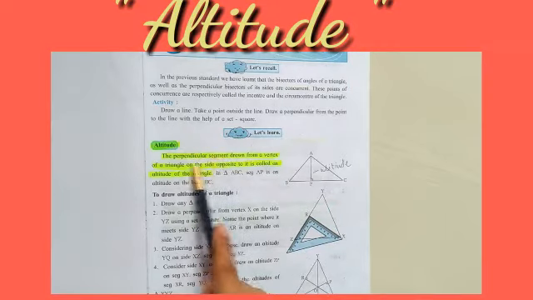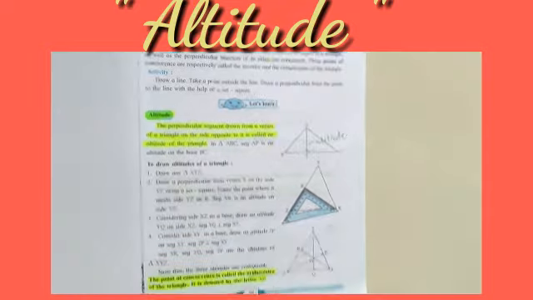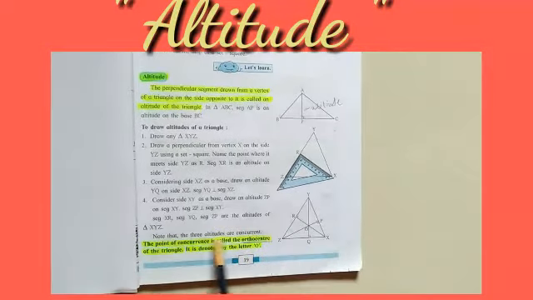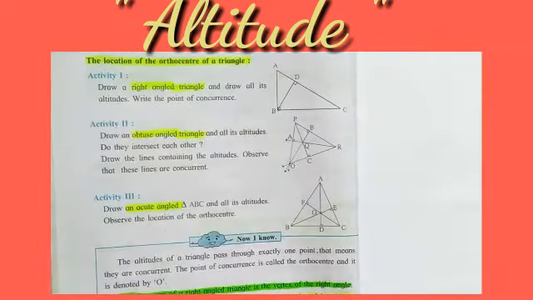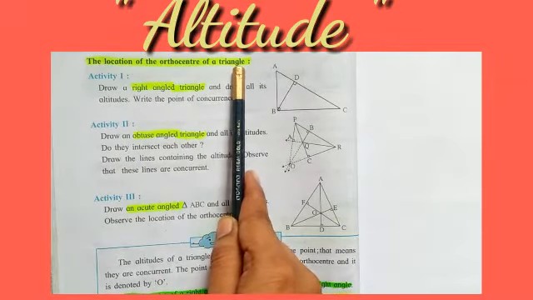Write down its definition just below the diagram. After that, you have to draw this important point regarding the orthocenter, and draw this type of figure just aside of this important information. After that, you have to give this title: the location of the orthocenter of the triangle.